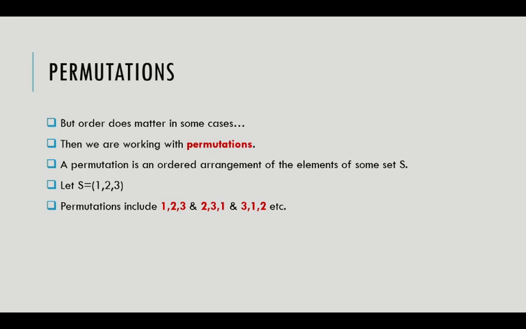So I'd have to figure out all the possible arrangements that take into account order. And it turns out there are 6 possible permutations of these 3 numbers. So again, permutation, order matters. 1, 2, 3 is not the same as 2, 3, 1. Make sure you understand that with combinations, 1, 2, 3, 2, 3, 1, 3, 1, 2 would all be the same thing.